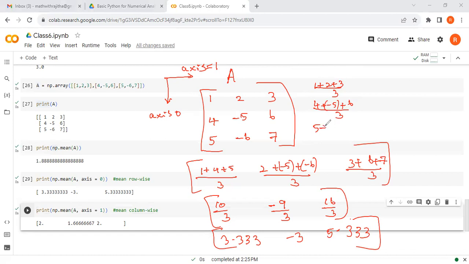Then 5 plus minus 6 plus 7 divided by 3.